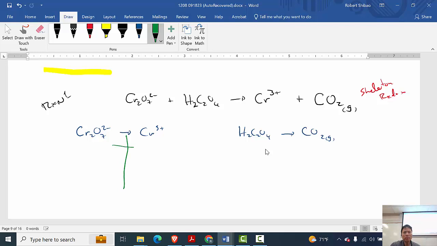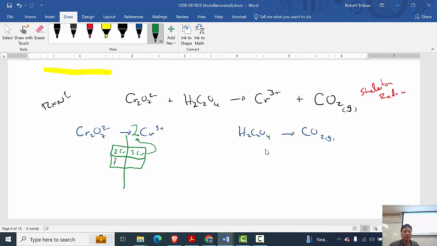Starting off with the dichromate first, I have 2 chromiums and 1 chromium. And then I'm going to balance it by changing the coefficient here. I'll just have 2 Cr3 pluses. And now I have 2 chromiums on both sides. Okay, after I balance chromium, which element? Well, there's only oxygen.